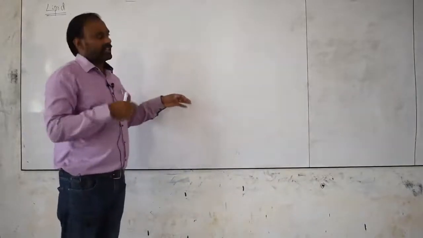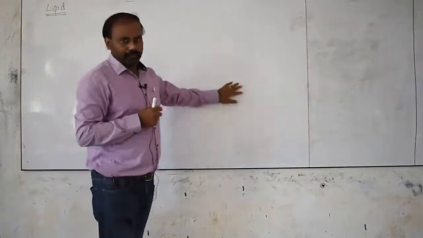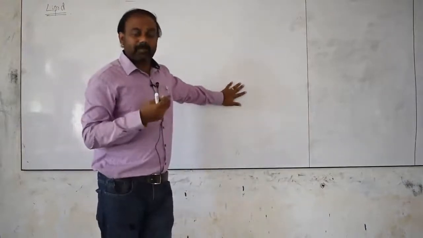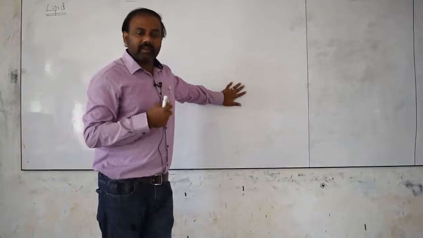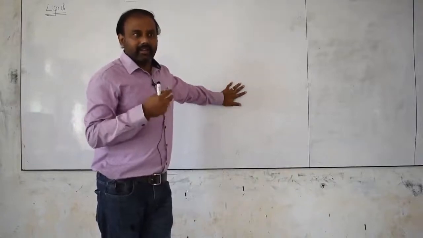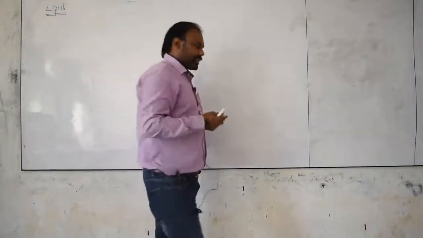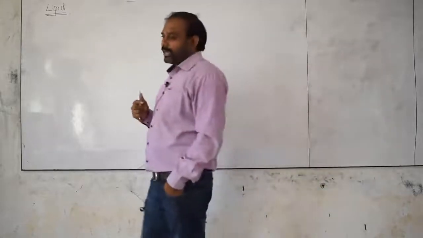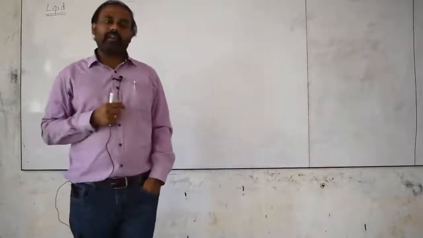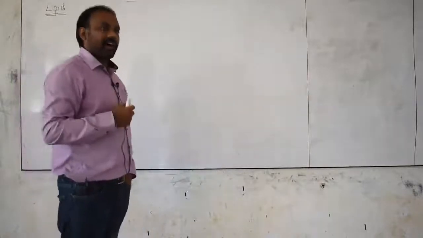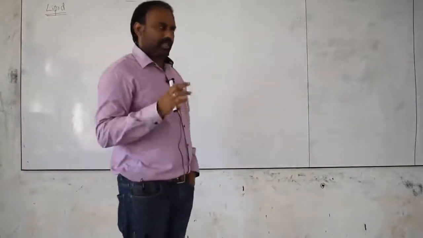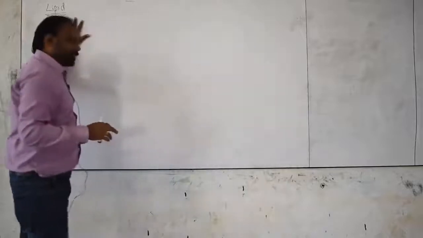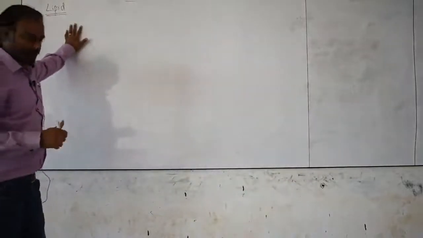Acidic amino acid examples, I told you, are glutamic acid, aspartic acid, etc. Then basic amino acid, lysine. Neutral amino acid, valine, and aromatic amino acid examples are tryptophan, tyrosine, phenylalanine, and many more. So today we are moving on to the next topic, that is lipids.